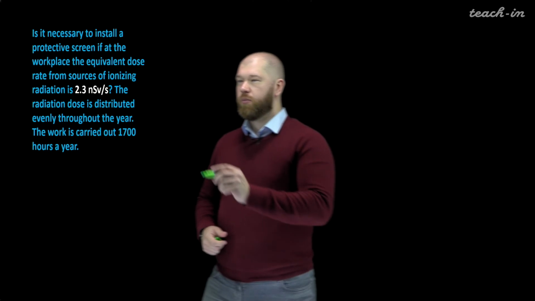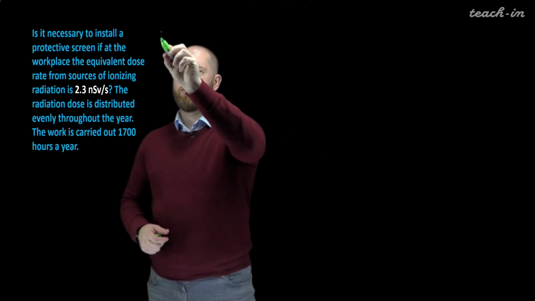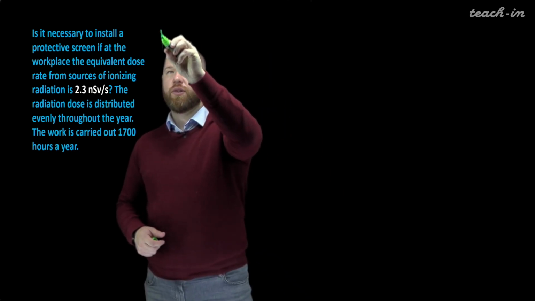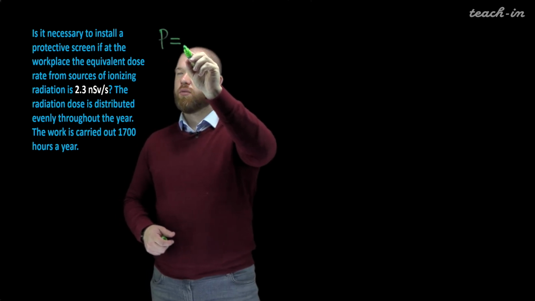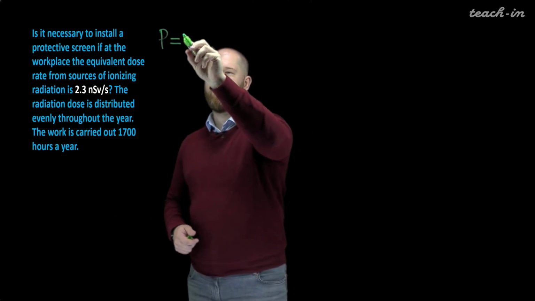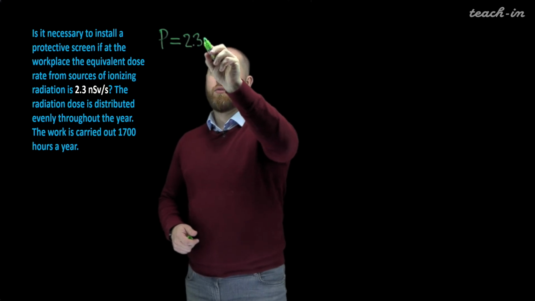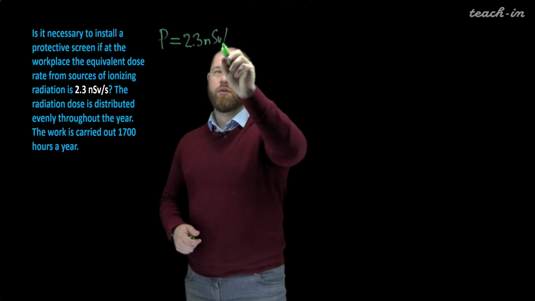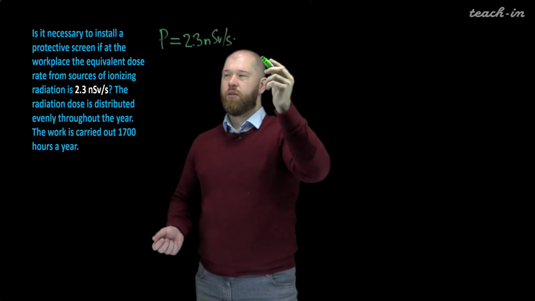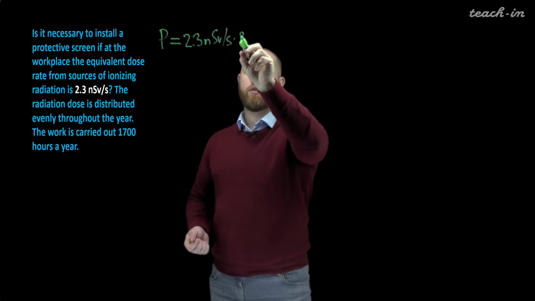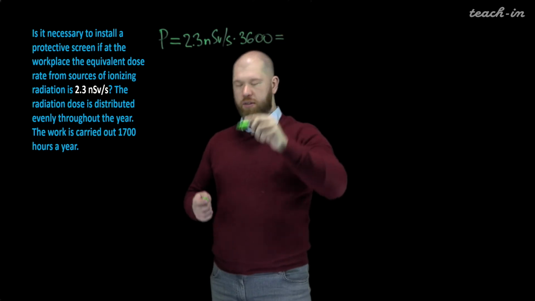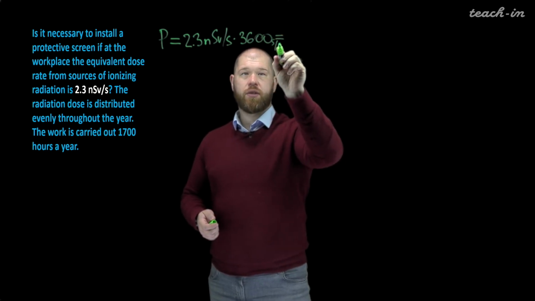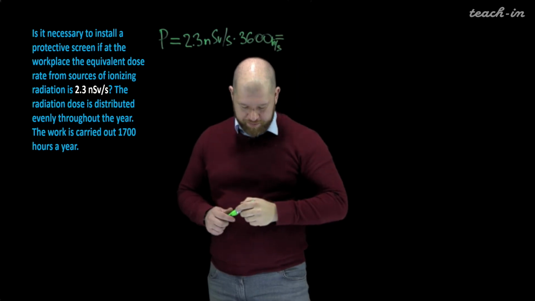So we know our dose rate per second, and we will convert it to per hour. It will be nanosievert per second, and in 1 hour it is 3,600 seconds.